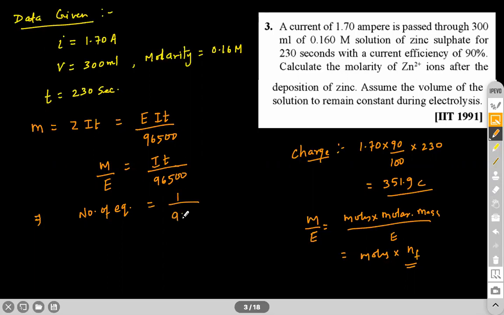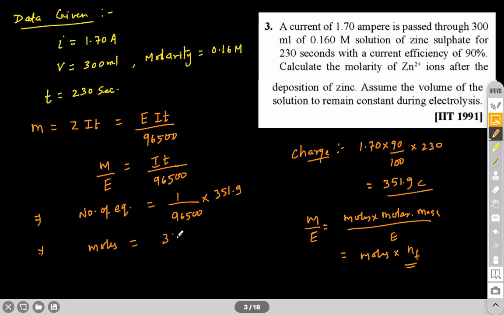So 1 by 96500 into the value of IT, which is 351.9 coulomb. And the number of equivalents is moles into n factor. The n factor is 2 because we have Zn2+.